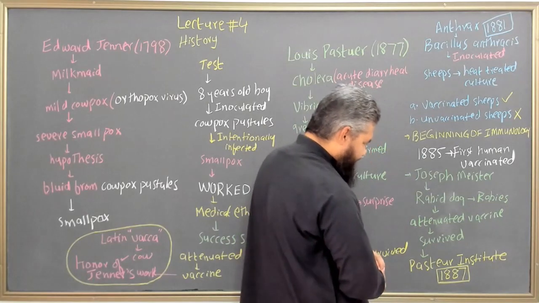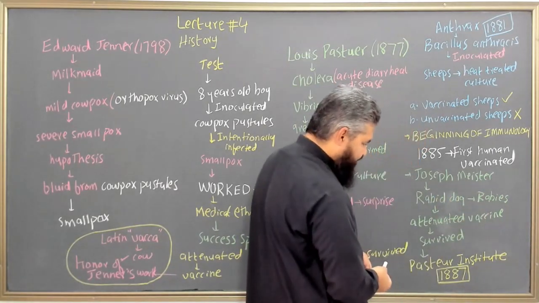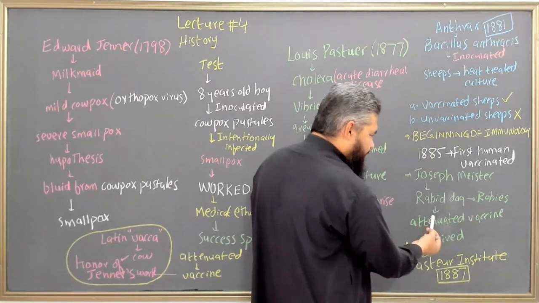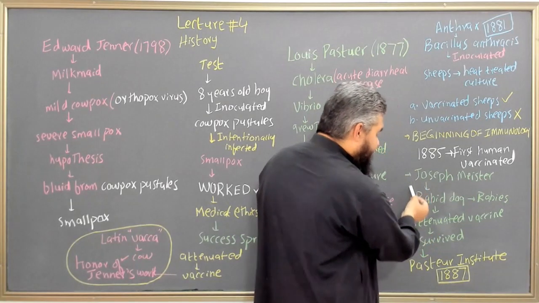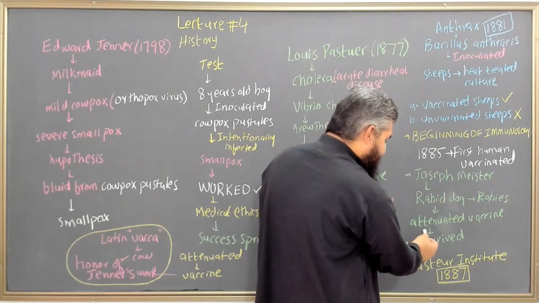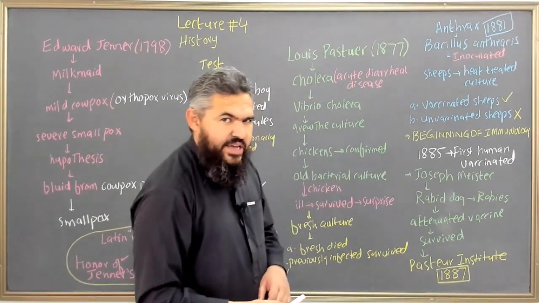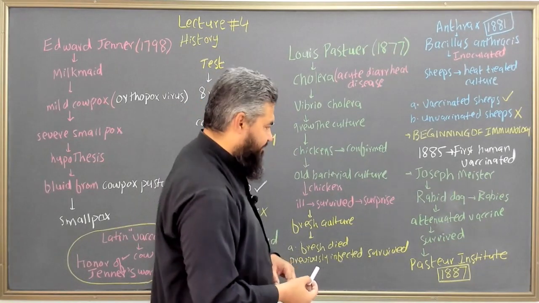What Pasteur did was that he made attenuated cultures of these rabies viruses. He gave several shots of this attenuated rabies vaccine to the boy, and after getting these attenuated vaccines, he survived, and he was not killed by this lethal rabies infection.